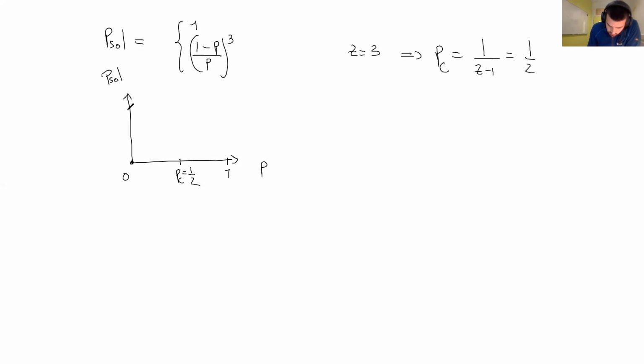So 1 is here. It's one possible solution. And there's another one here that we can compute. So let's take some particular values. When p is equal to 1, for instance, this is 0. And when p is equal to 1/2 here, 1 minus 1/2 over 1/2, it's 1. So it's here. And then for p smaller than that, it will diverge. Eventually at 0, it will be infinite.